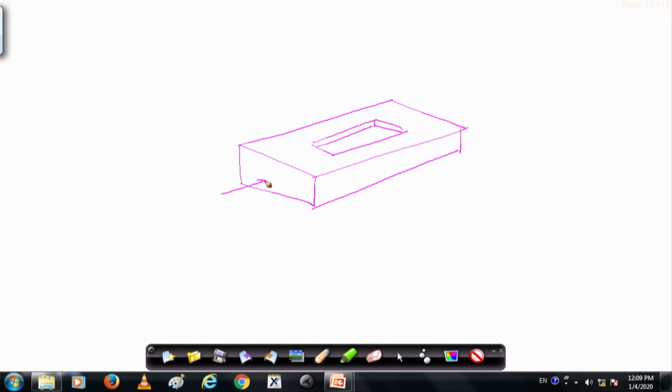The shorter edge is called the head. This groove is called the frog and this side is called the stretcher. And usually the brick sits flat on its bed. So, below the brick is called the bed.